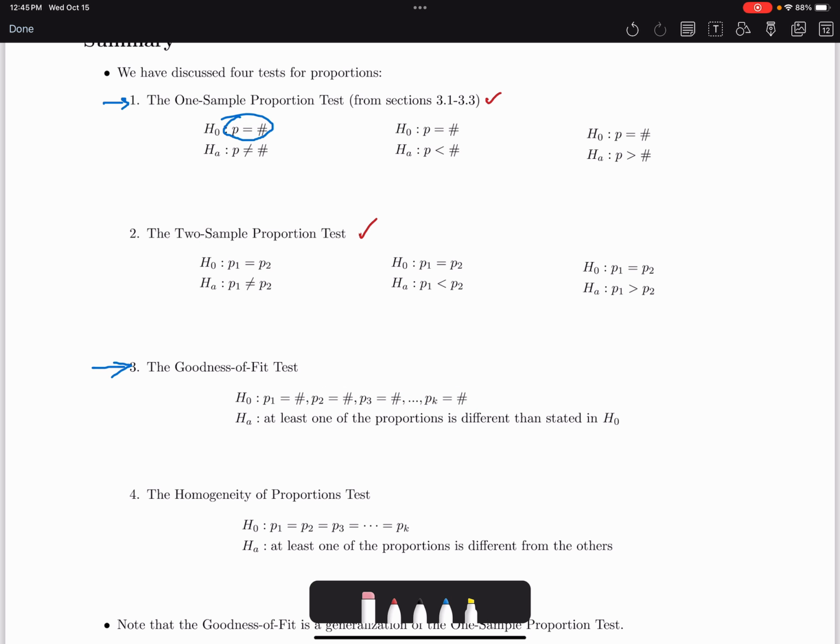In the same way, I would point out that the homogeneity test is an extension of the two sample proportion test, because instead of saying P equals some value, it just says P1 equals P2, okay? And the homogeneity test is saying the same thing, except it has more than two proportions, right? So that's another kind of connection that you can see between these different tests.